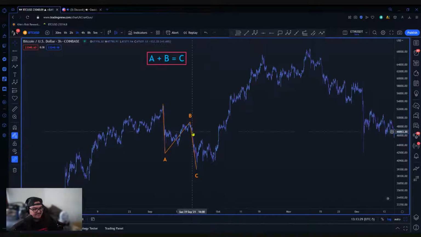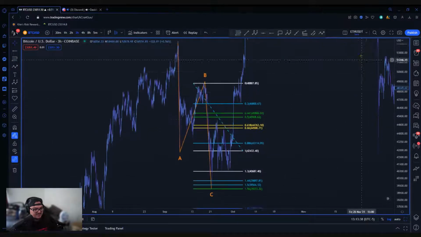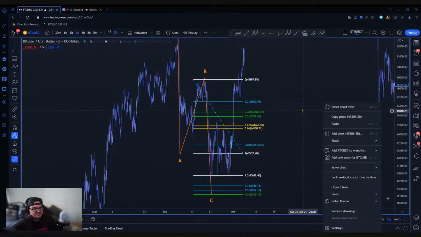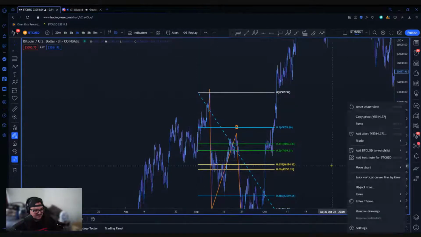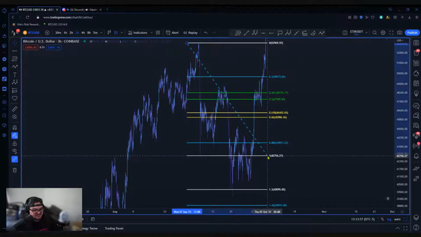A, B, C. All right. So if you pull the fibs from the A to the B, basically you would just aim for the 1-to-1 extension. In this case, actually, no, I'm sorry, I did this wrong. It was up here. And basically wherever it pulled back to, you would have to calculate where the more logical percentage was.